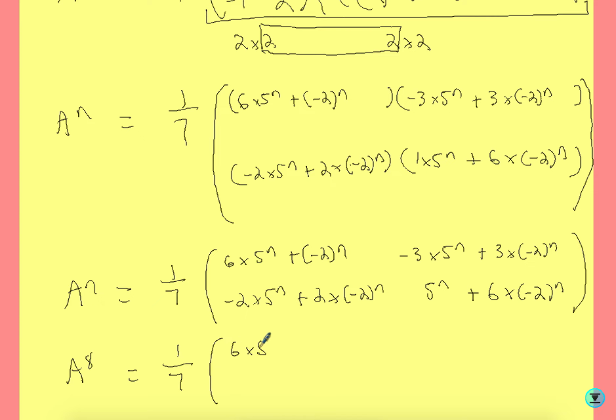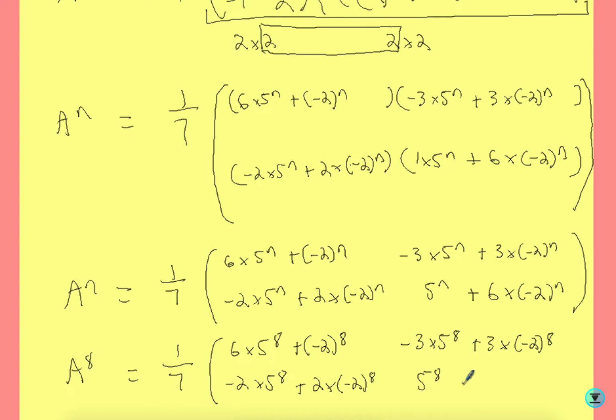So that's 6 times 5 to the power of 8 plus negative 2 to the power of 8, negative 3 times 5 to the power of 8 plus 3 times negative 2 to the power of 8, negative 2 times 5 to the power of 8 plus 2 times negative 2 to the power of 8, then 5 to the power of 8 plus 6 times negative 2 to the power of 8.